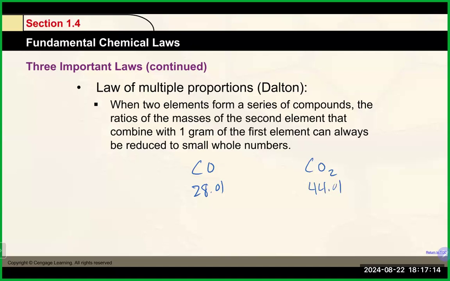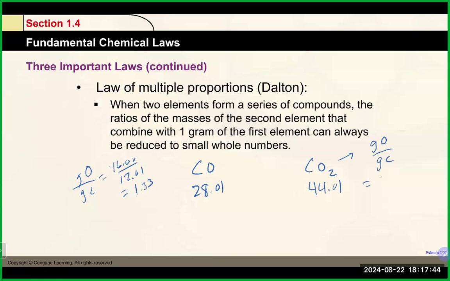So if we take how much mass of oxygen in grams to carbon in grams, for the carbon monoxide, that is, we got 16 divided by 12.01. That gives us a ratio there of 1.33. We do it for our CO2, grams of oxygen per grams of carbon.